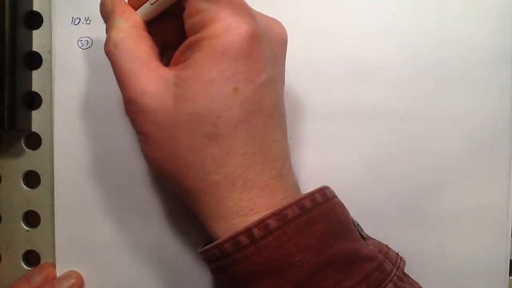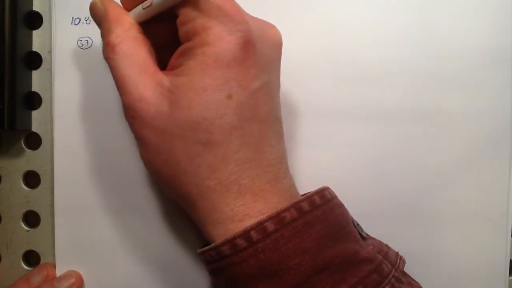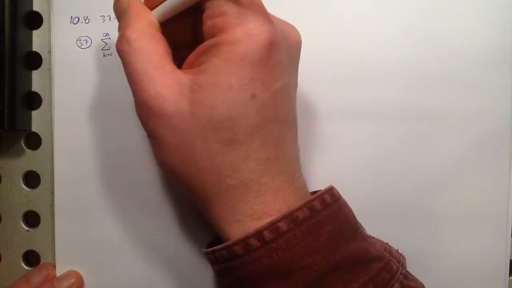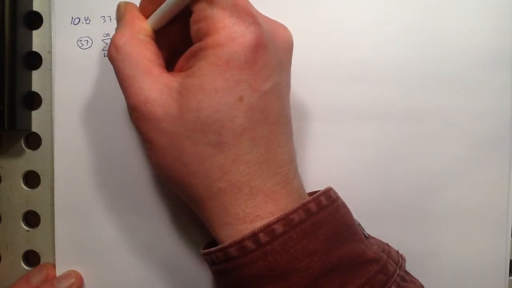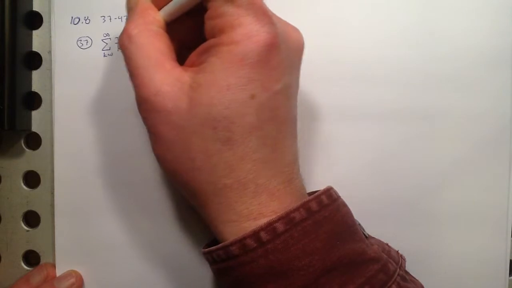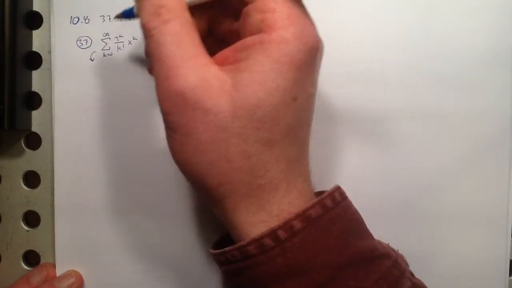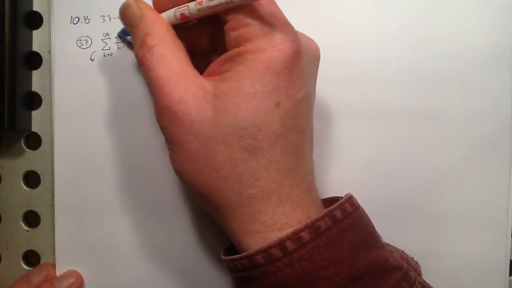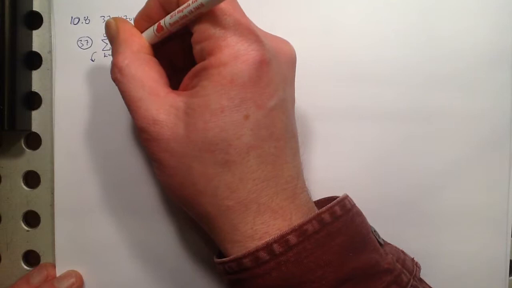Alright, so first problem, we have the series from k equals 0 to infinity of 3 to the k over k factorial times x to the k. I'm going to go ahead and write out the first three terms. Plugging in 0, I get 1 over 1 times x to the 0.